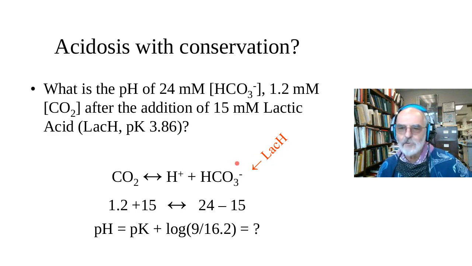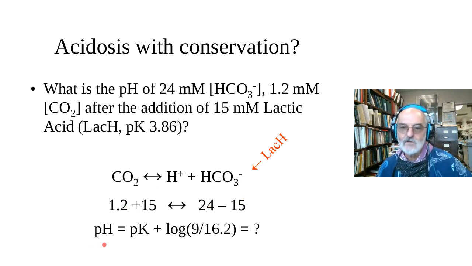That proton is going to bind to the bicarb and then back react to make CO2. So we start out with 1.2, and to that we add 15. The 15 comes from reacting 15 millimolar of proton, converting the bicarb to CO2.